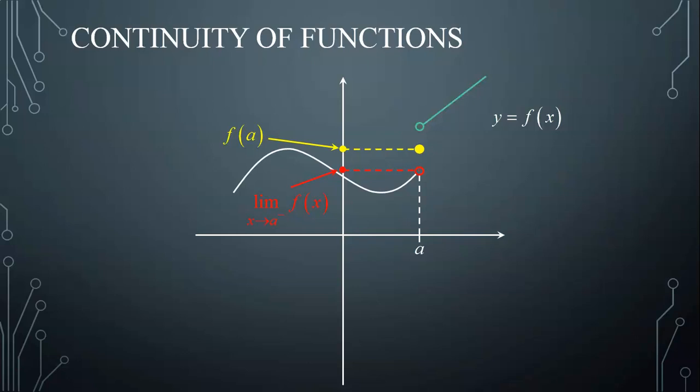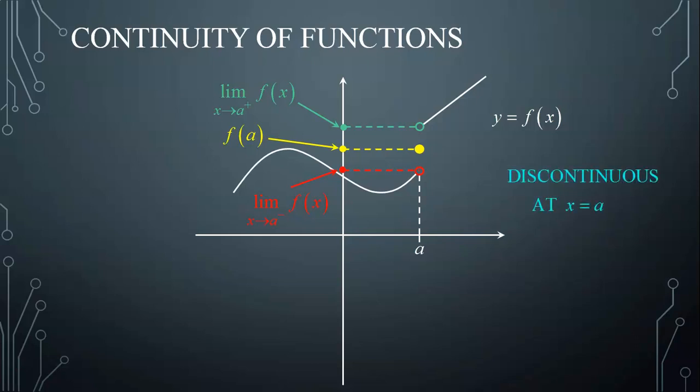And this part of the curve located to the right side of x equals a has at x equals a point of y value equal to the limit of f of x when x is approaching a from the right.